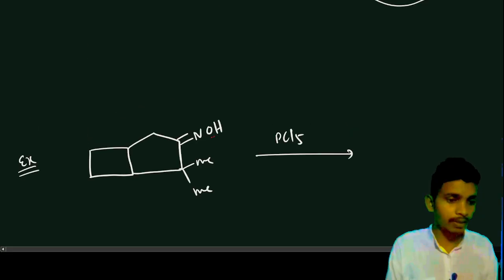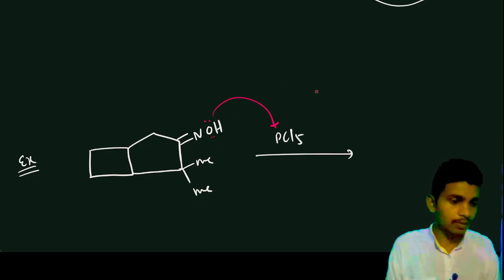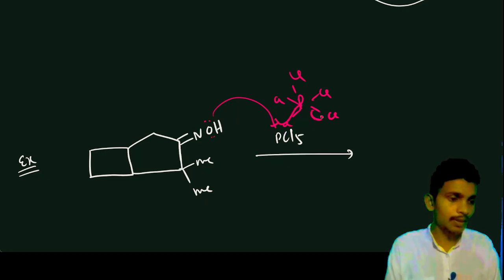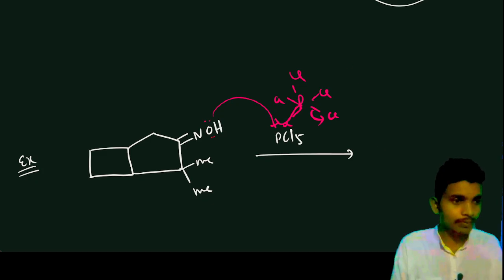The same thing that I have already discussed: this lone pair will be given to this P, because this P has Cl, Cl, Cl, Cl, Cl, Cl. So this is going to give here, and this is going to be released. So what will we get now?